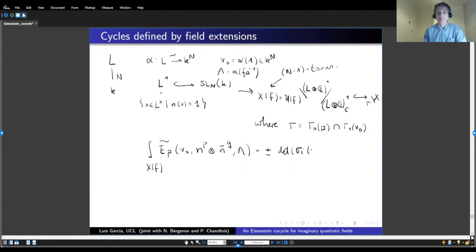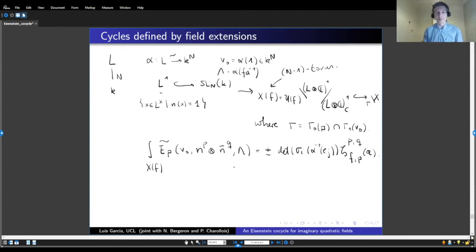given by J, this matrix that appeared in the main statement, times this smooth zeta function.